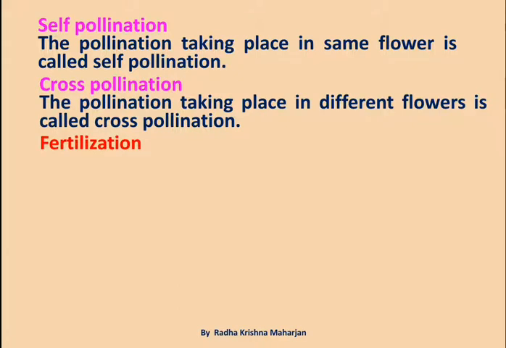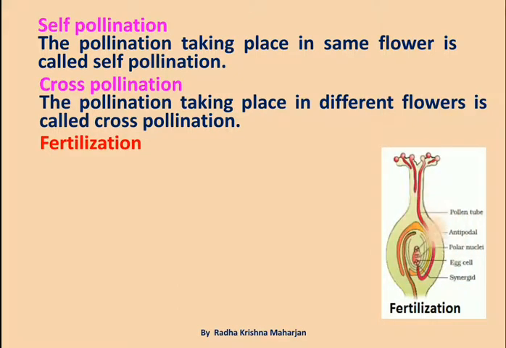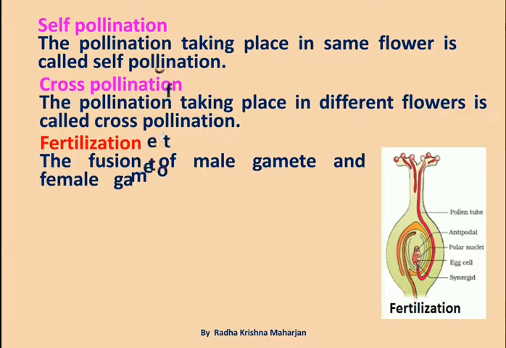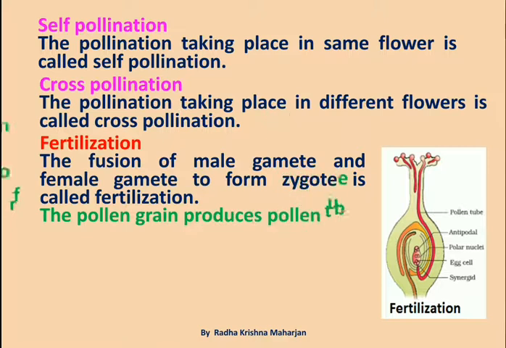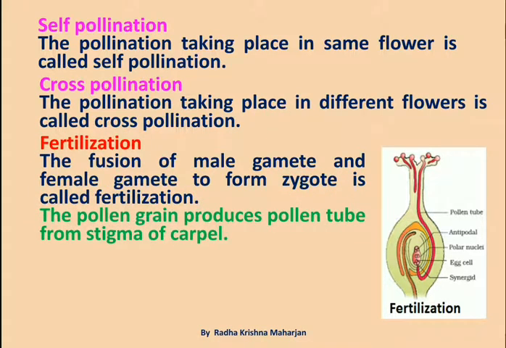Fertilization. The fusion of male gamete and female gamete to form zygote is called fertilization. The pollen grain produces pollen tube from stigma of carpel.